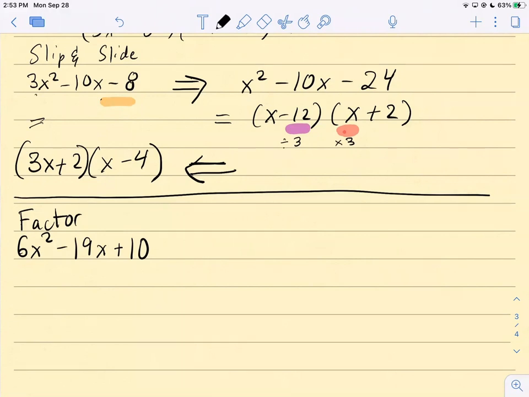Any questions on what the method is here for dividing by that leading coefficient and multiplying? You just have to pick one of the numbers that's easy that divides by your leading coefficient, and the other variable will have it.